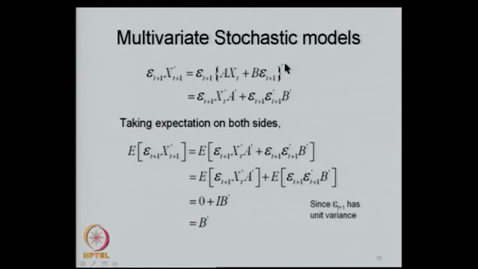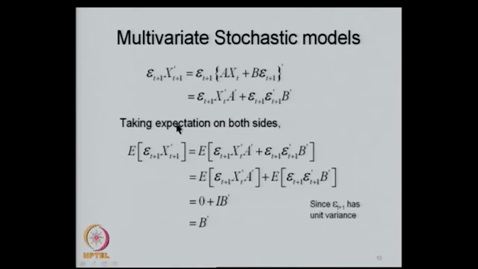So, I will take a transpose of that. So, this will be epsilon t plus 1. Again the way we wrote a b prime is equal to b dash a dash, that form we will use. Therefore, this will be x t prime into a prime plus epsilon t plus 1 prime into b prime. So, this is what we get as epsilon t plus 1 x dash t plus 1.